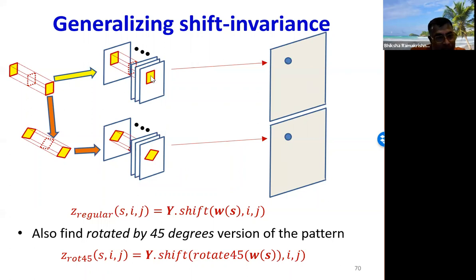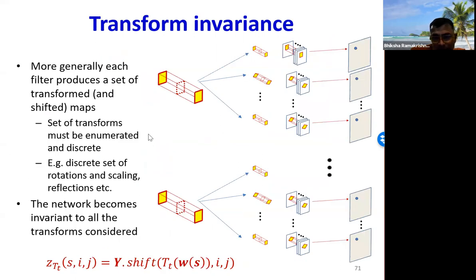And now this is going to be able to recognize the pattern if it occurs in its native form, and also if it is rotated. We can generalize this. Instead of looking for just shifted versions of the pattern, we can look generally for transformed versions of the pattern, including various kinds of transforms.